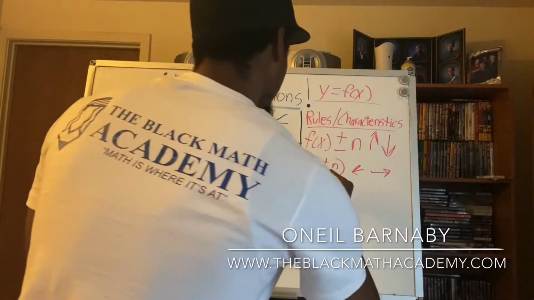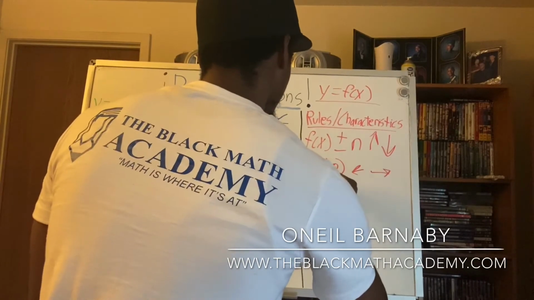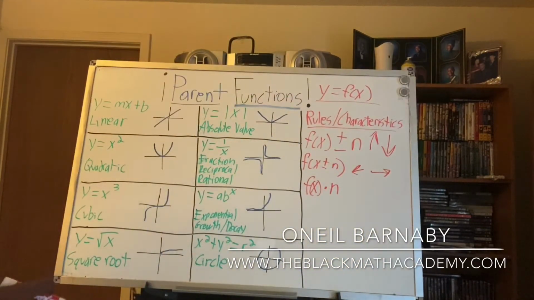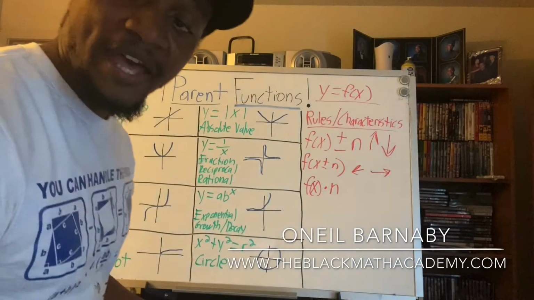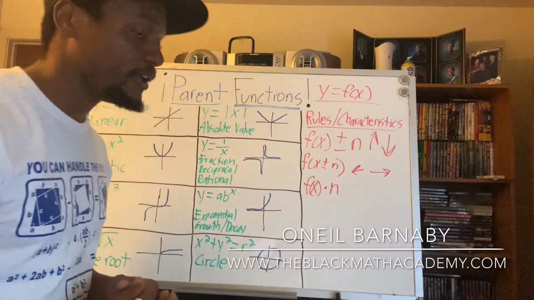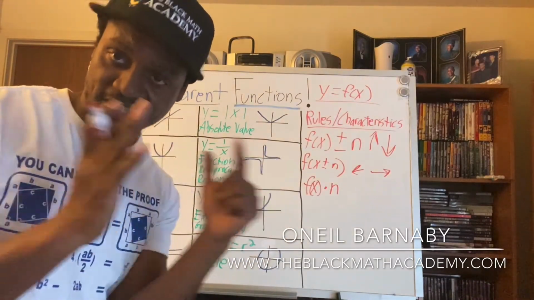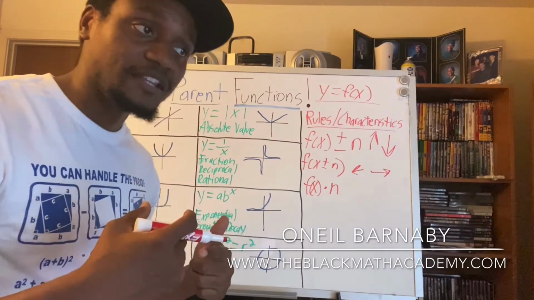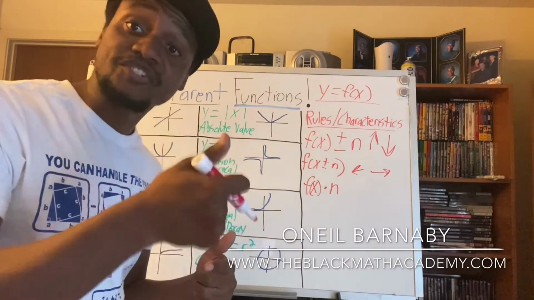Next up, we have when you take the function and multiply it by a number, f of x times something, that ends up taking the graph itself and compressing it. So it makes it tighter, or thinner, which ends up making the value go up faster.